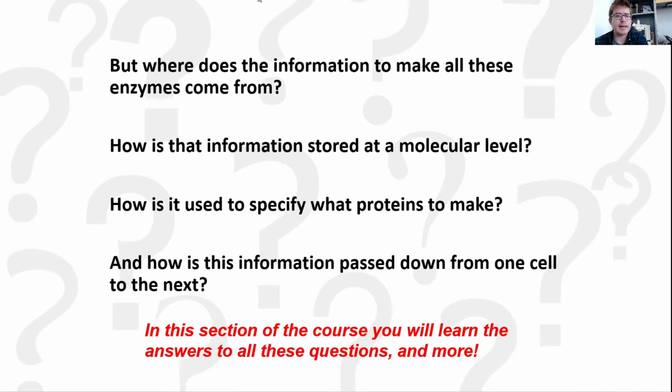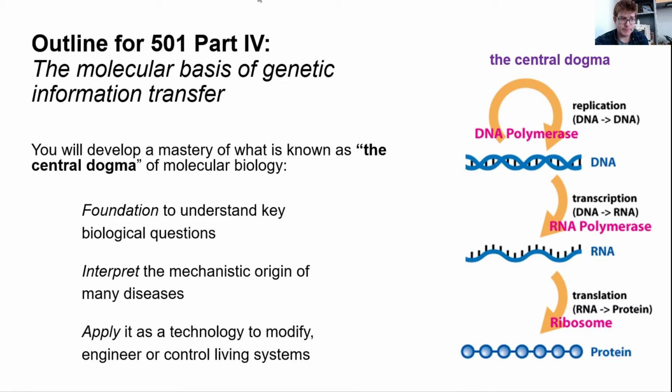How does some sort of molecular information specify a protein sequence? And how is that information actually passed down from one cell to the next, so that every time a cell divides, the information needed to make all of those pathways and enzymes that you've learned about in the earlier part of the course, every cell has that information? And so in this section of the course, section 4, we're going to be learning about the answers to all of these questions and more.